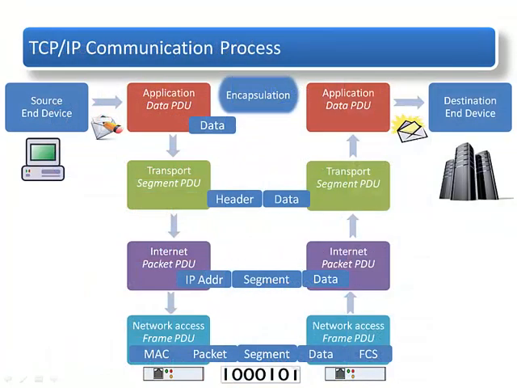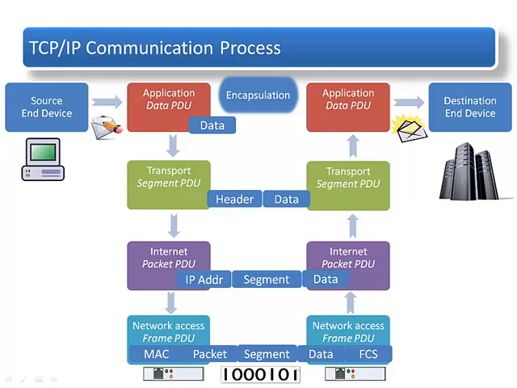Let's bring it all back together. In this slide, I'm using the TCP/IP model as a way to review what we discussed in this video. The application layer generates the data and passes it to the transport layer to be segmented. This layer encapsulates the data by adding a header used to identify what application and service should receive this message. After port addresses are added to the header, the transport layer passes the segment down to the internet layer.